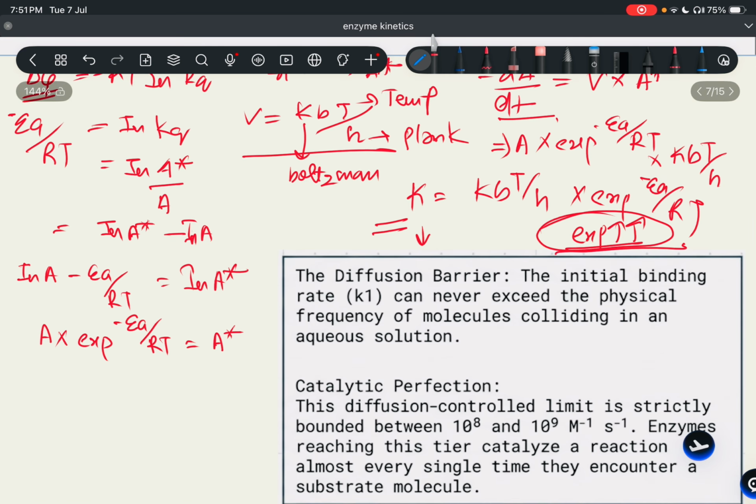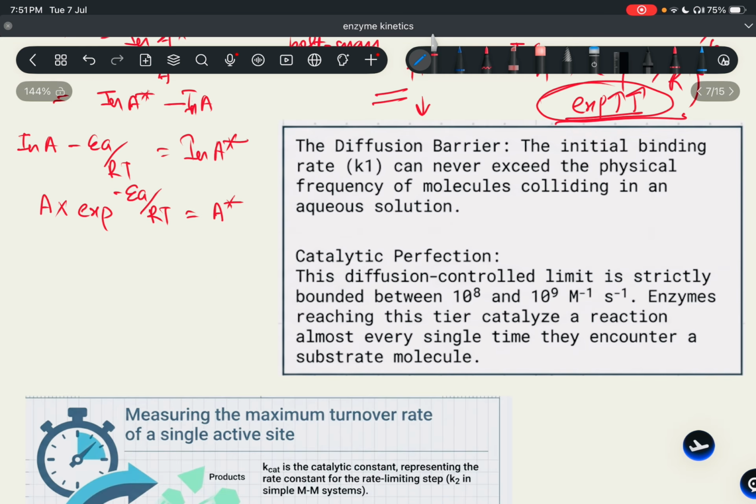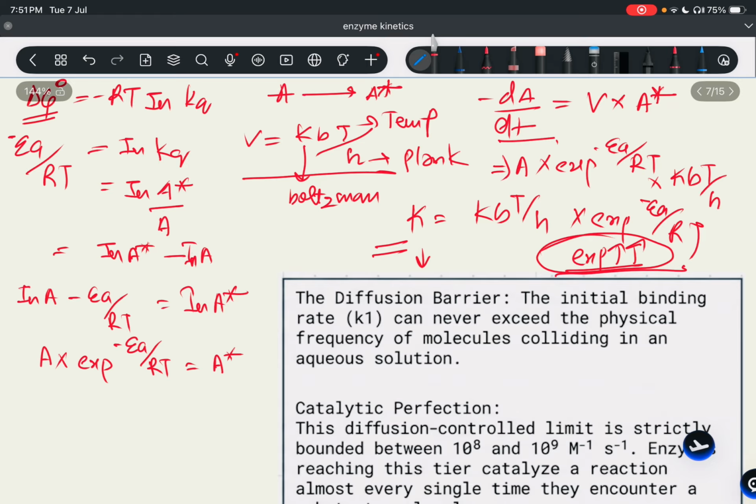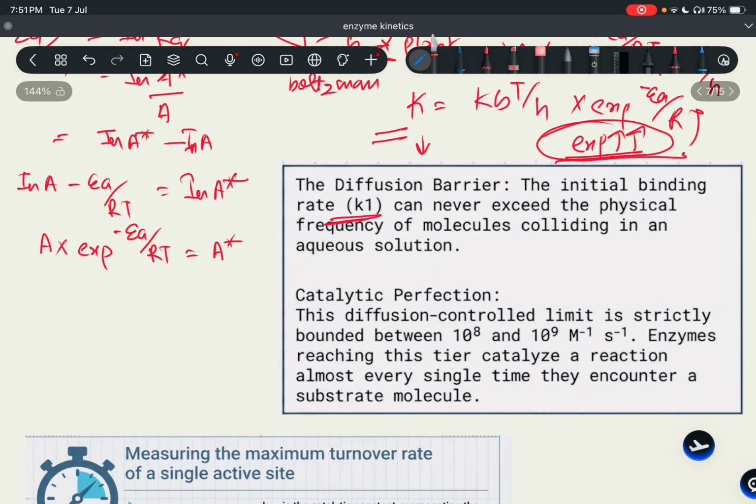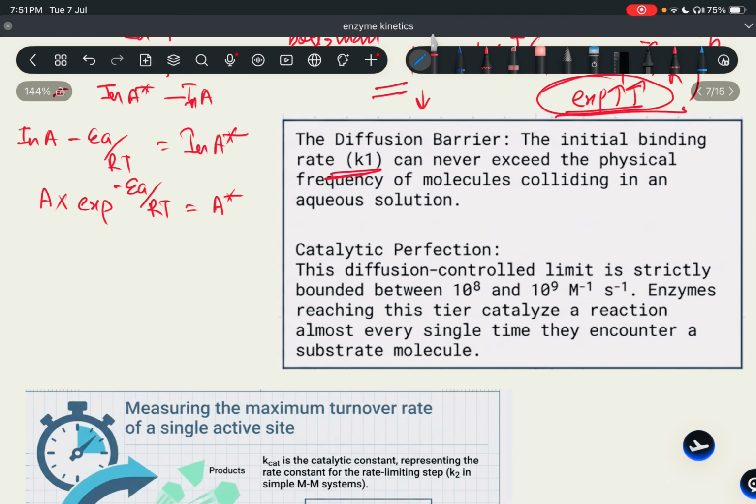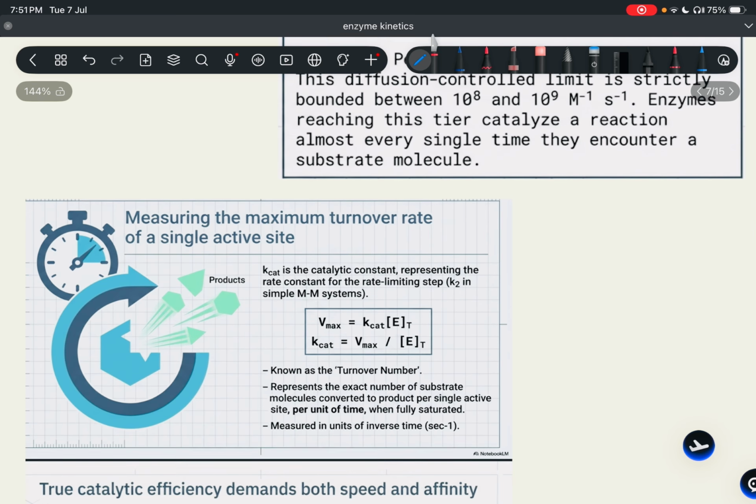That's an important thing to remember. When we talk about this, it is the vibrational frequency. It's important that your diffusion barrier can never increase the frequency of molecules colliding in the solution. It has to be somehow compensated.